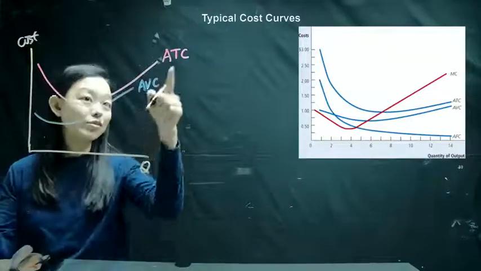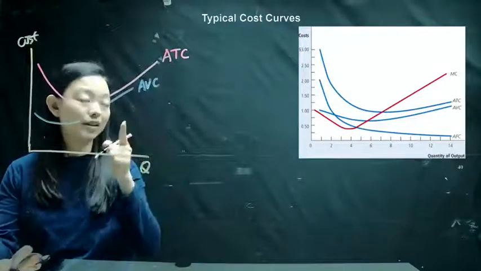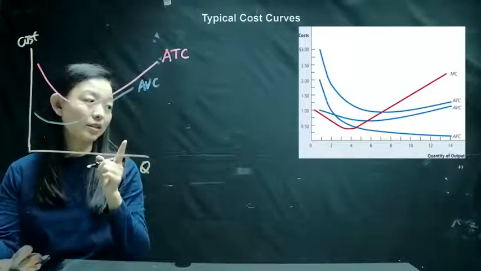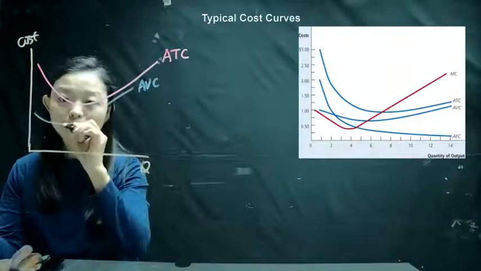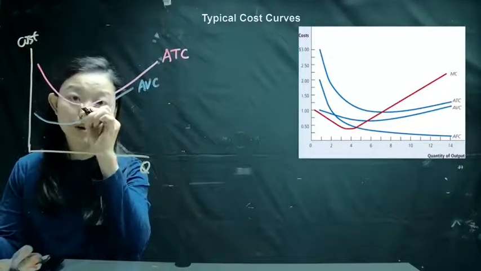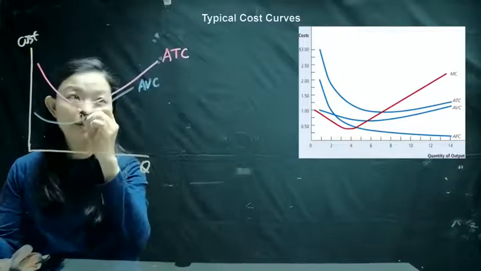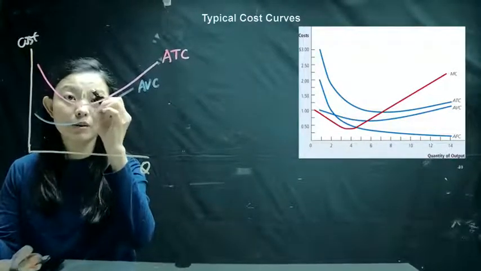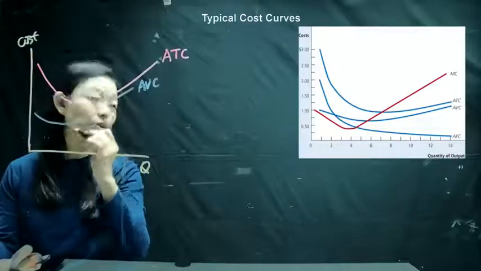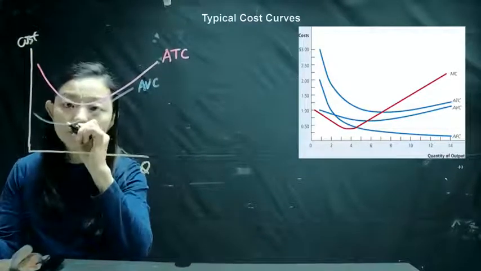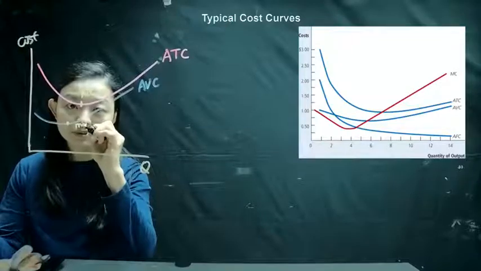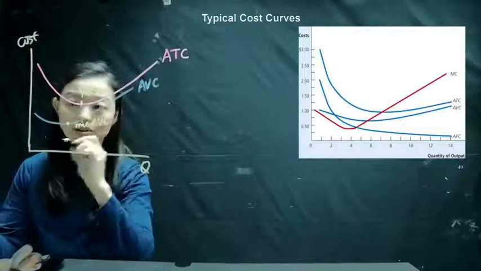After you draw the two curves, then you can add the marginal cost curve. For the marginal cost curve, first you need to mark the minimum of average total cost, and this will be the minimum of average variable cost.